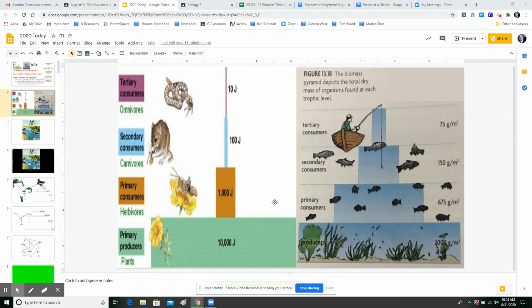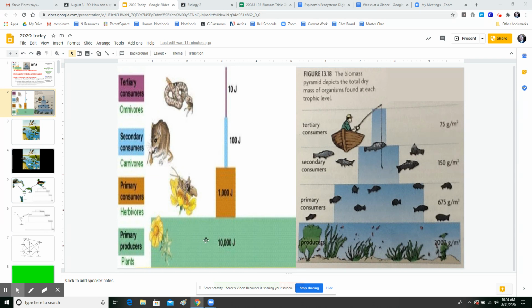You might remember from last week's lecture that energy is stored by plants. They catch the sunlight, and then the consumers eat the plants, right? The primary consumer eats the plant, but it gets much less energy, right? We had called it the 10% rule, meaning that the grasshopper only gets 10% of the energy that the plants have.